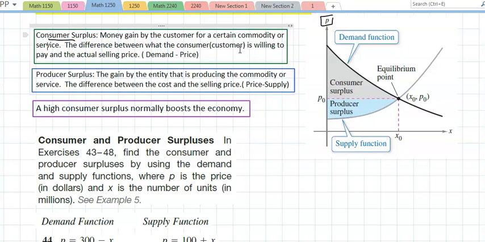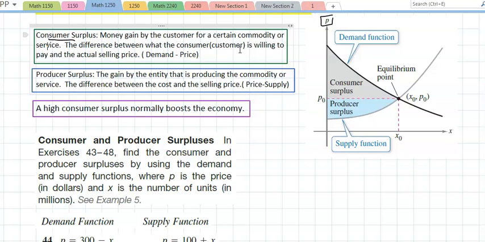Now, if a new cell phone came out, an iPhone, a Galaxy, whatever it is, in my mind I'm thinking, okay, I'm willing to spend $1,000 on it.